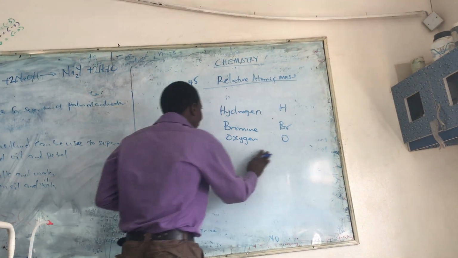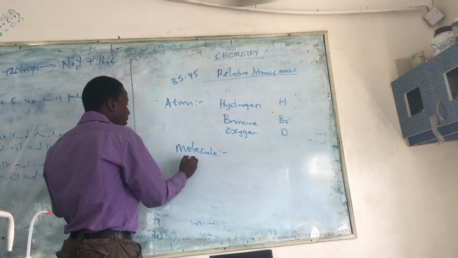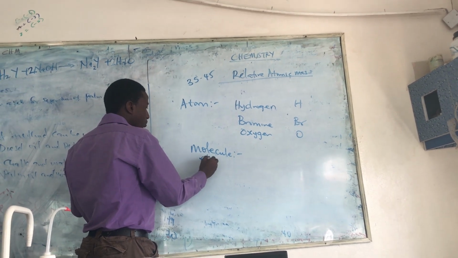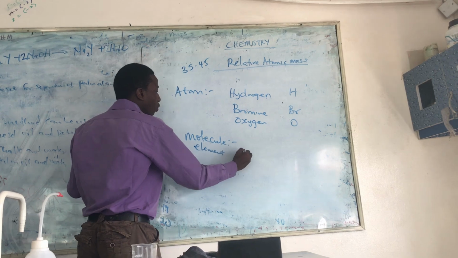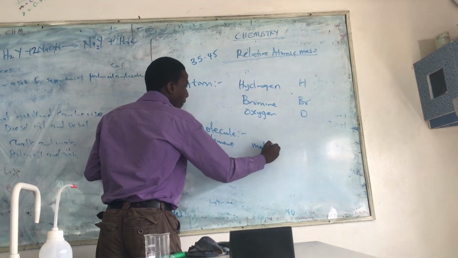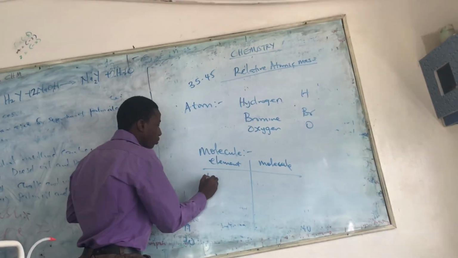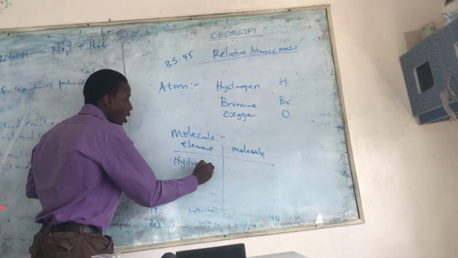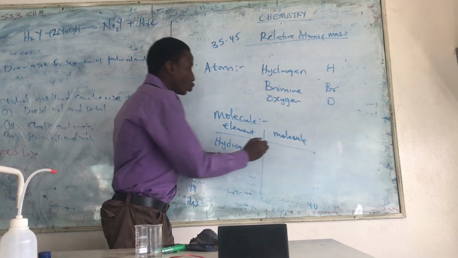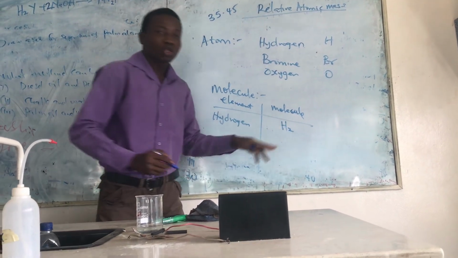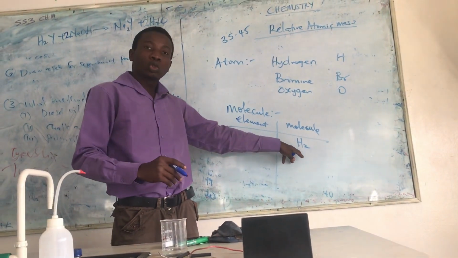So let me write element and the molecule. For example, hydrogen. The molecule of hydrogen is H2. So if we want to write hydrogen to exist alone, we have to write it in the form of H2.